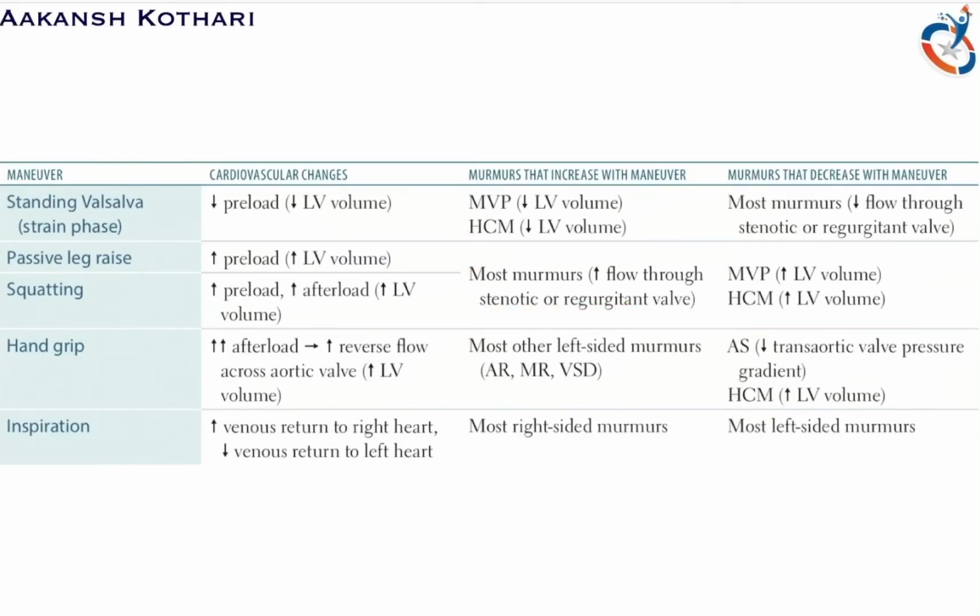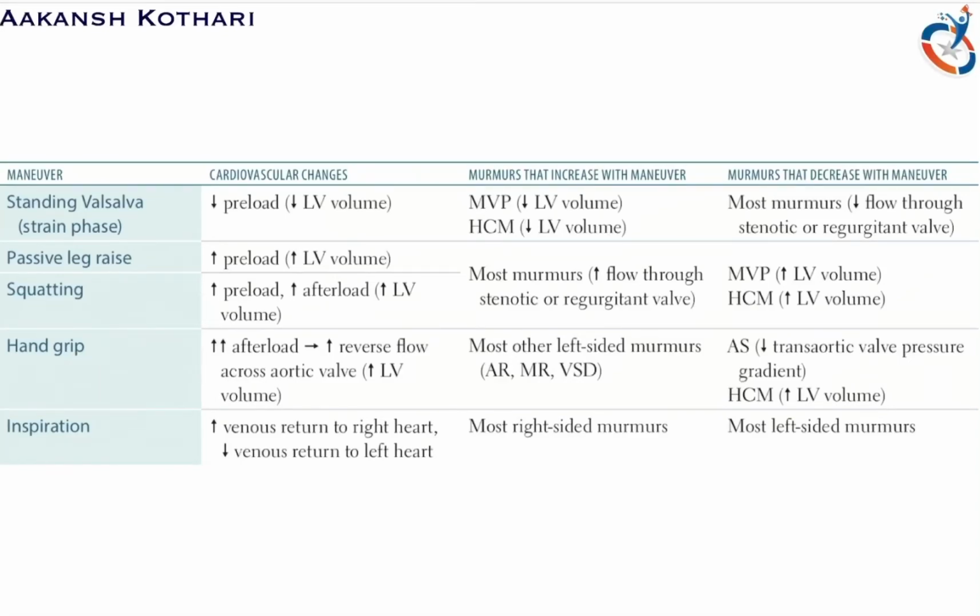Is this clear? Now talking about hand grip. In the hand grip maneuver, there is an increase in the afterload. There is a drastic increase in the afterload which increases the reverse flow across the aortic valve. Now when there is excessive afterload, all the regurgitant murmurs are usually heard very loud and clear.